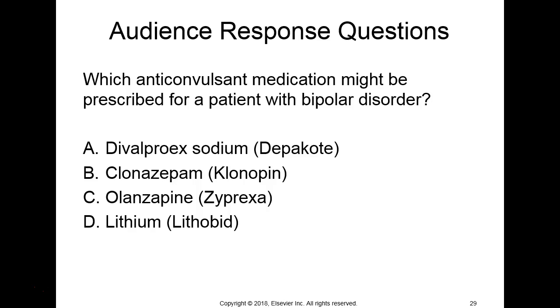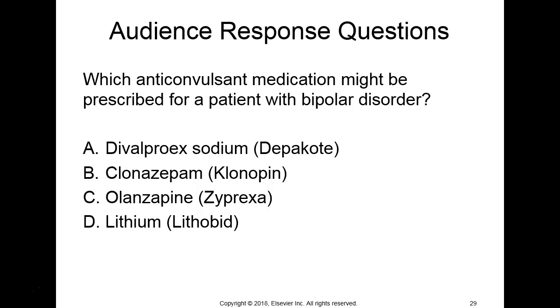Audience response question: which anticonvulsant medication might be prescribed for a patient with bipolar? Depakote, Klonopin, Zyprexa, or Lithibid. I'm hoping that you picked Depakote, although honestly it's a bit of a trick question, because clonazepam or Klonopin, a benzodiazepine, can be used for seizures, so it could be classified as an anticonvulsant.